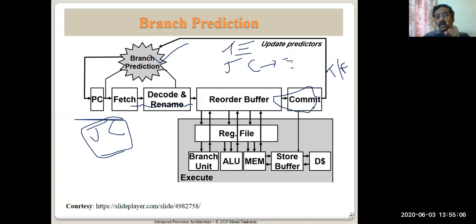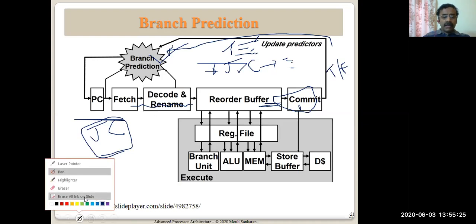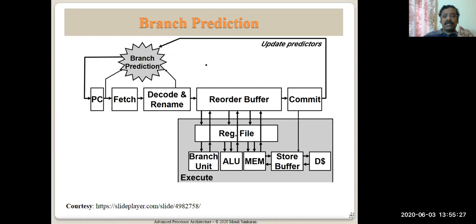Now all these instructions have to be completed. That is going to happen from the ROB. Okay, from the ROB, committing is happening. It will commit JC only after committing all of them. So I will come to know what decision JC has taken. Then I will update it here. So this is another method of implementing branch prediction where, based on the previous prediction, I adjust my thinking.